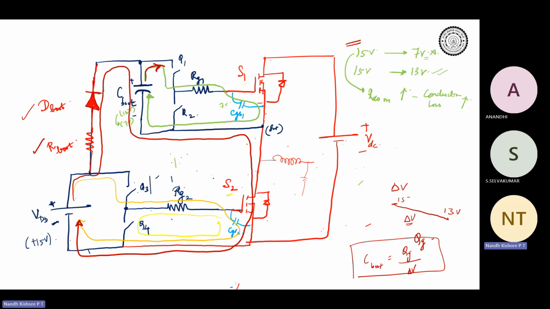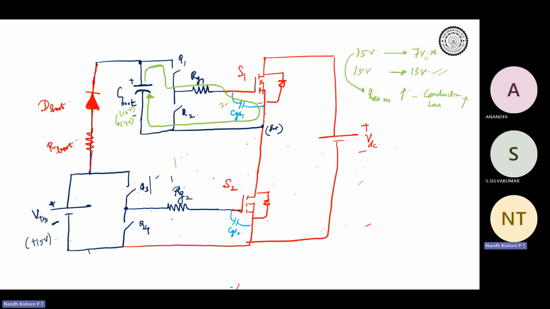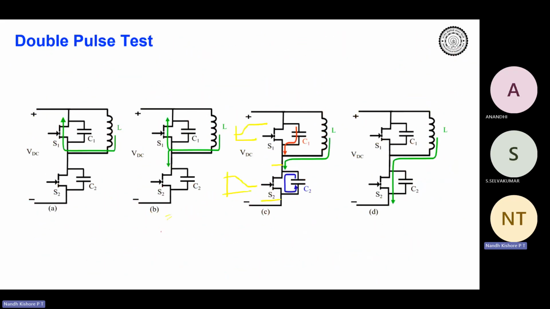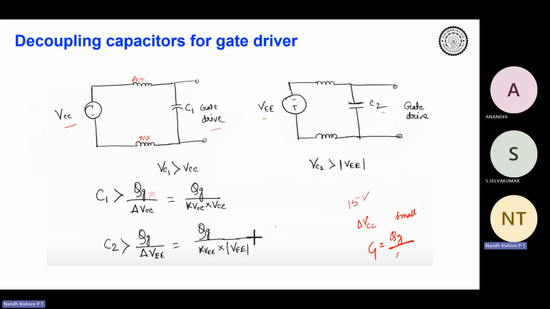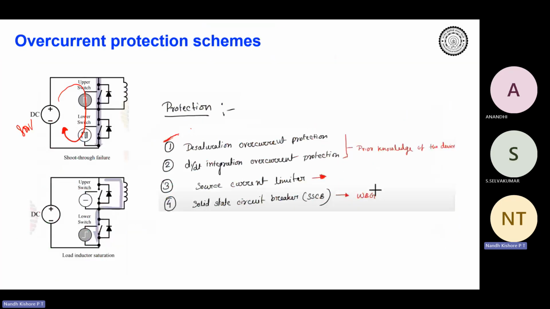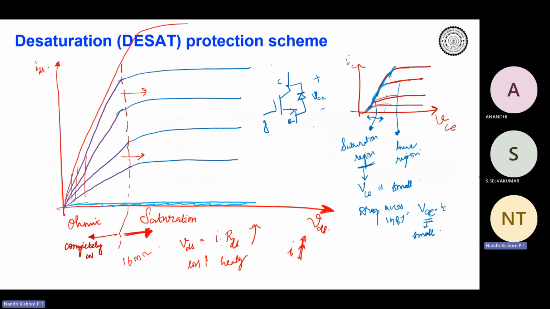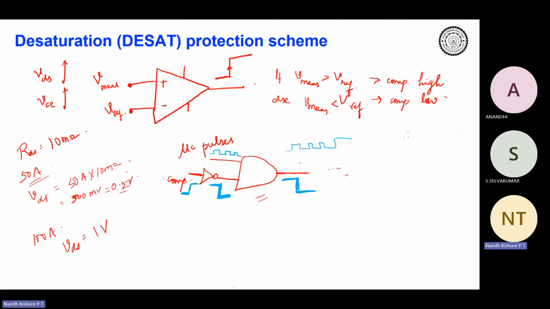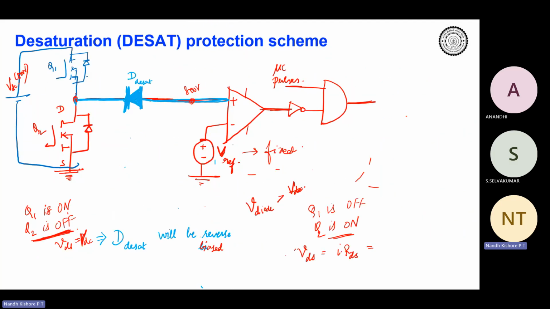So what will happen is, S1 is gone, so S2 will try to turn on. When S2 turns on, there will be a direct short circuit. Because of the direct short circuit, the current will rise exponentially. Because the current is rising, this circuit will come into play.